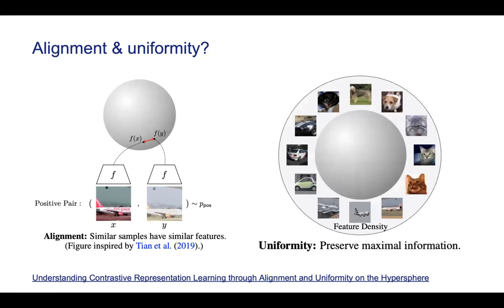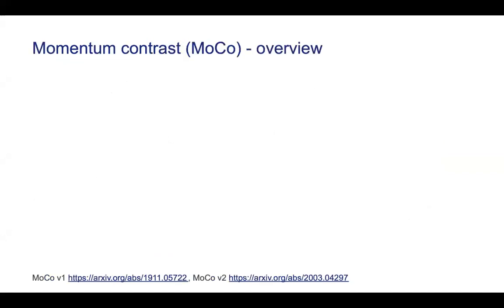Whereas everything else should be pushed away. If you do that with all the pairs you have, you push the plane away from all the others, then the car away from all the others, you preserve maximal information, and then everything is uniformly spread out. This seems to be a powerful feature that we can set up with this loss function.